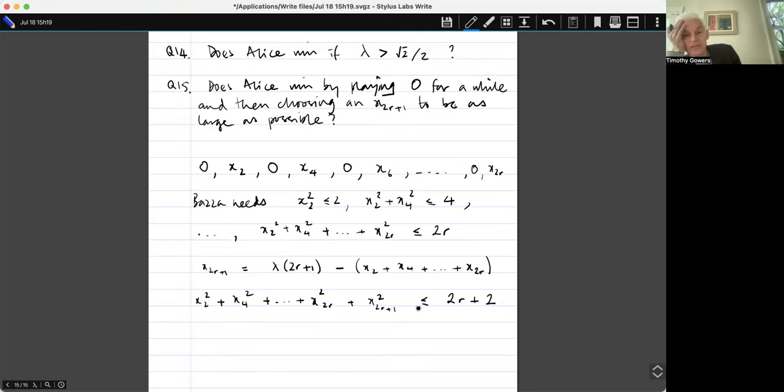Now that looks a trifle complicated, but maybe I can simplify.